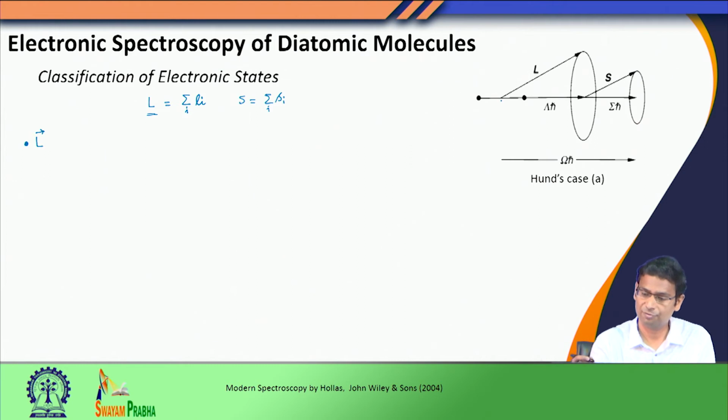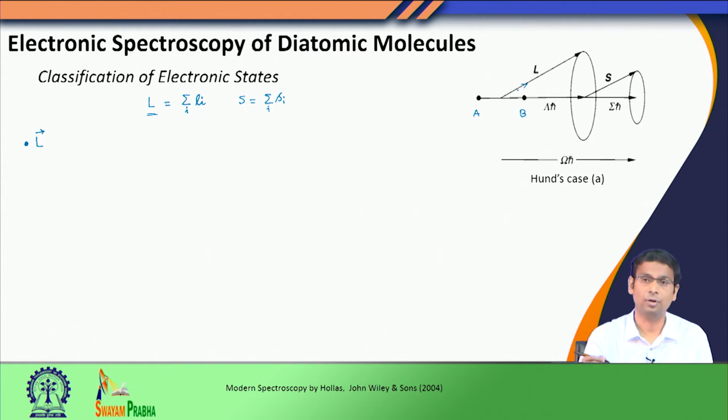In this picture, suppose you have a diatomic system, call it AB or A2, it does not matter, just to be more general we call it AB. Now an electron is there whose orbital angular momentum is given by this arrow here.